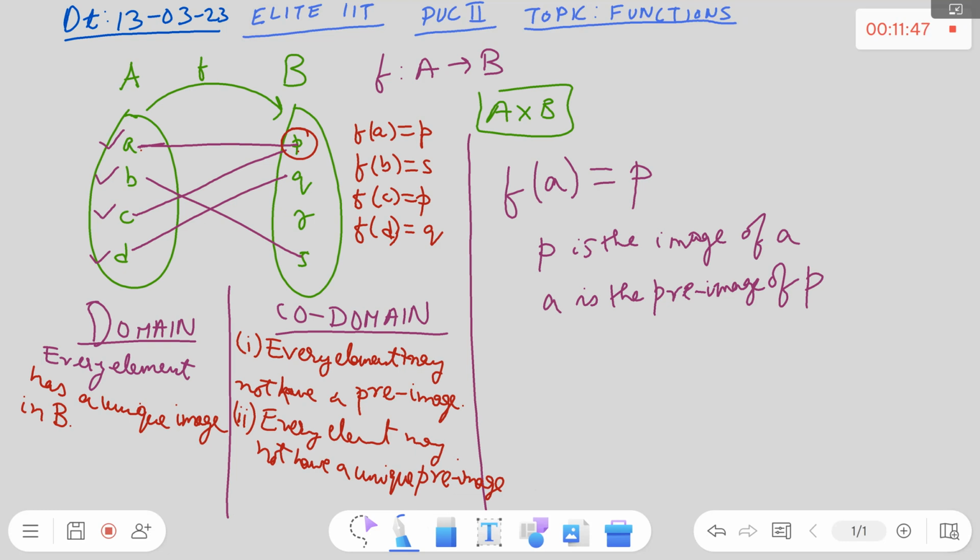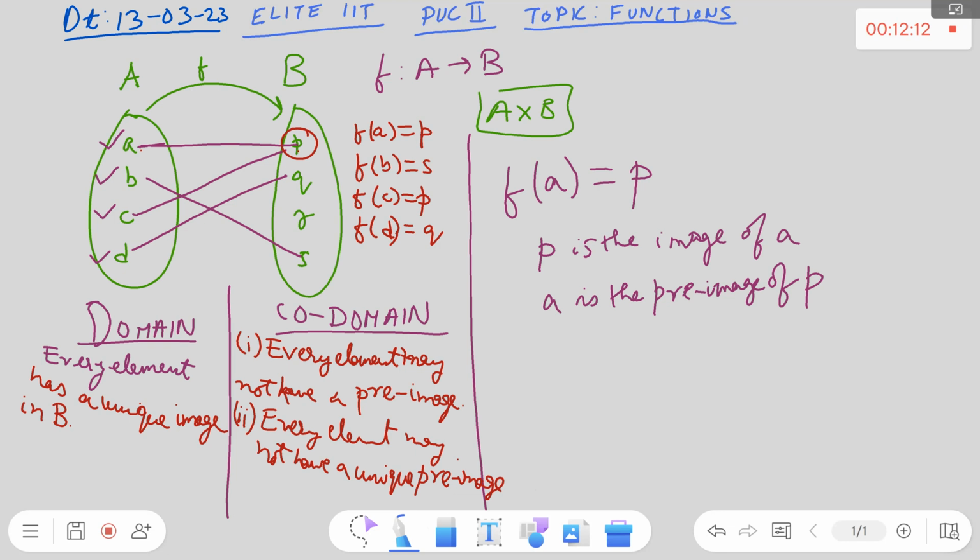Okay. So by the function f, we can see that this is what we call a function. Every element from the domain set should be included, and its image will be unique. And every element of B in the codomain set may not be included, and whatever element is included, its pre-image may not be unique.